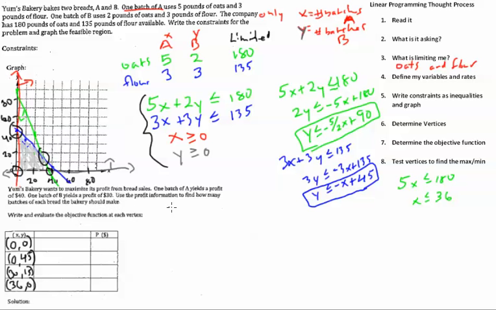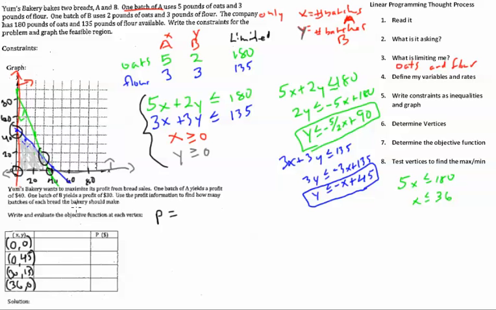Well, we're trying to maximize our profit. So we could make an equation where profit is represented by the amount they pull in total, right? Well, how much profit do they get for bread A?